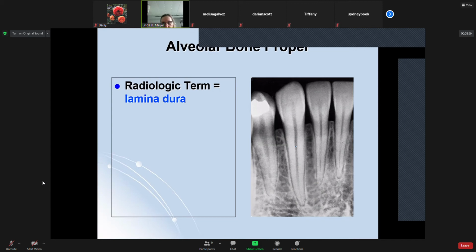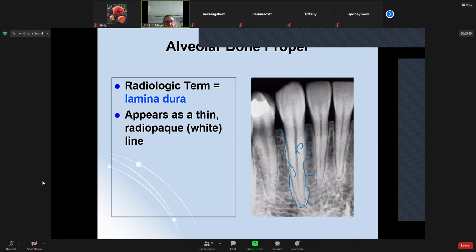As I move away from the root, I see the periodontal ligament, and then this dense compact bone, that white line. The black line surrounding the outline of the root is the PDL space, and the white outline is the lamina dura.